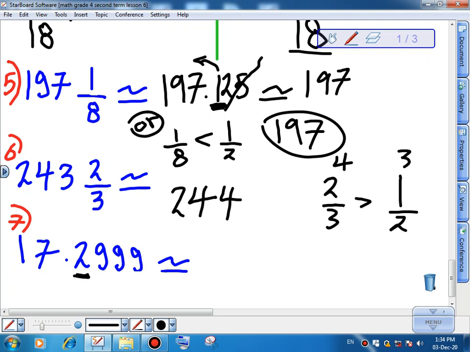I only look to the tenth place, the first digit after the decimal point. I know that 9 is a strong number, but it doesn't do anything when we approximate to the nearest units. So you look to the tenth. The tenth is 2. 2 is a weak number, doesn't do anything. Just cancel the decimal part and keep the whole part as it is. It will be 17.